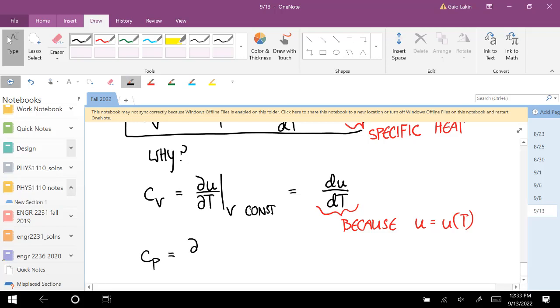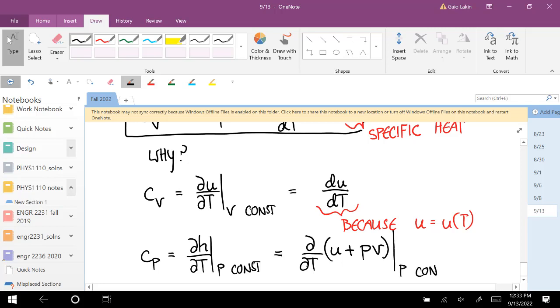C_P is the partial of lowercase h with respect to T at a constant pressure. And so if you use the definition of specific enthalpy, that's the partial with respect to temperature of the specific internal energy plus P times specific volume, all done at a constant pressure.